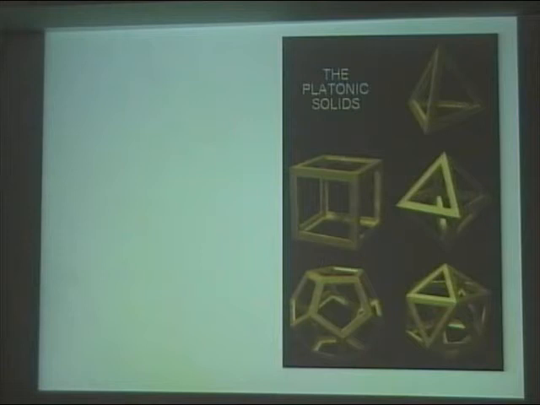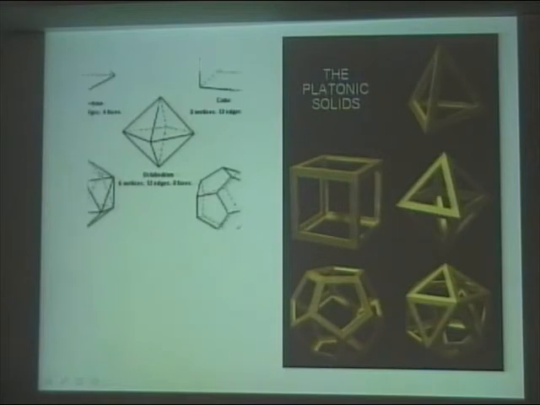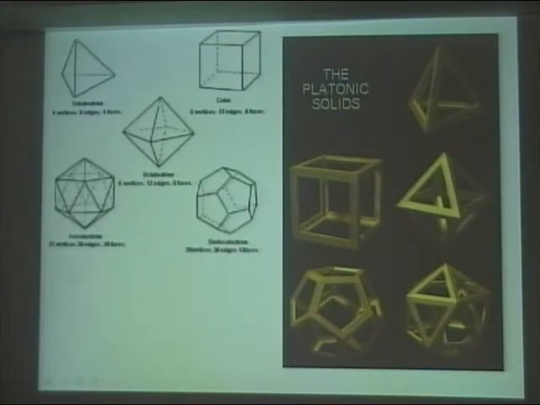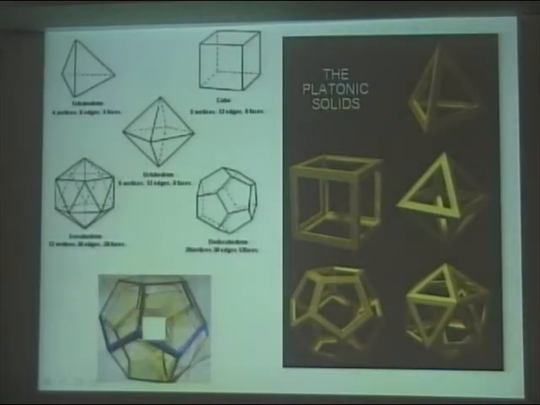And another is this, which consists of 4 triangles, and this has 8 triangles, and this one has 20 triangles, and this one has 12 pentagons. But they're all, with the exception of the cube, triangles and pentagons, and you can build them inside one another, and they all are involved with the golden ratio.